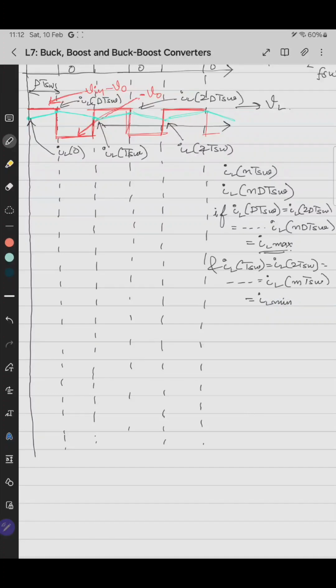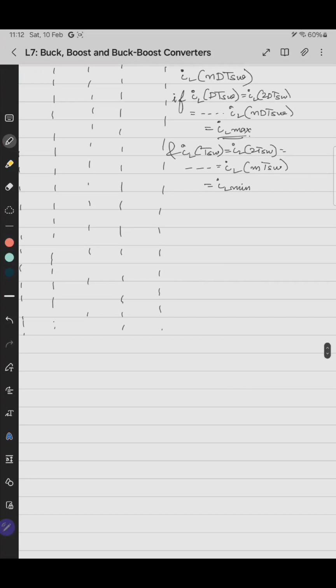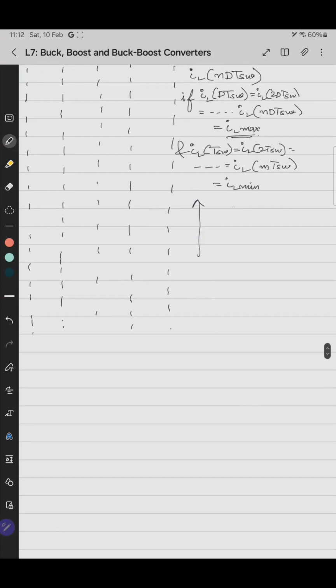So what happens is, now the inductor current will be bounded between two values.